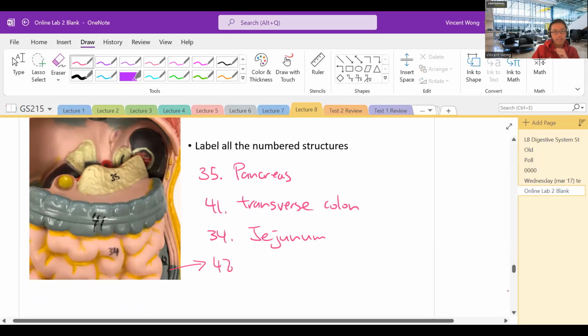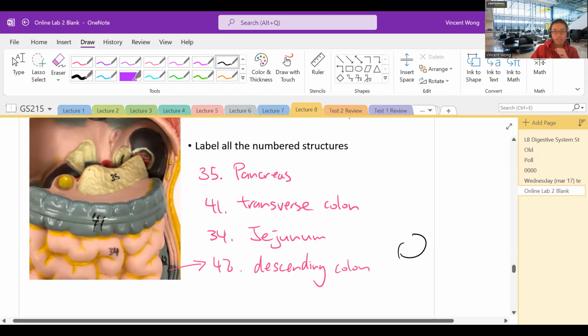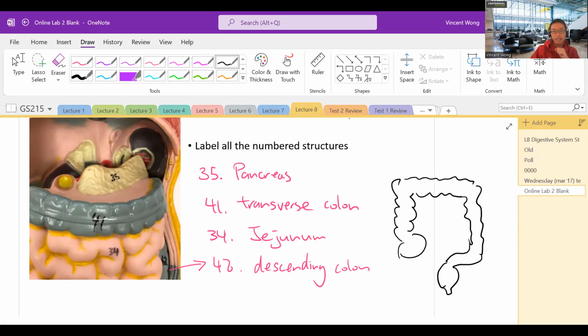That one right there, that's the descending colon. If you think about the diagram, right? Large intestine begins with the cecum, and then you have the ascending colon, transverse colon, descending colon, sigmoid colon, rectum, and anus, right? Okay, I think we have a diagram coming up to label those as well.